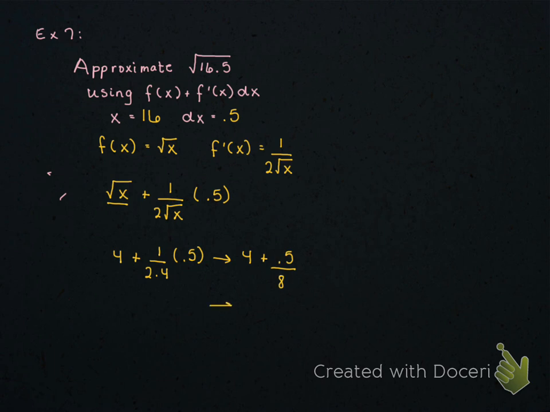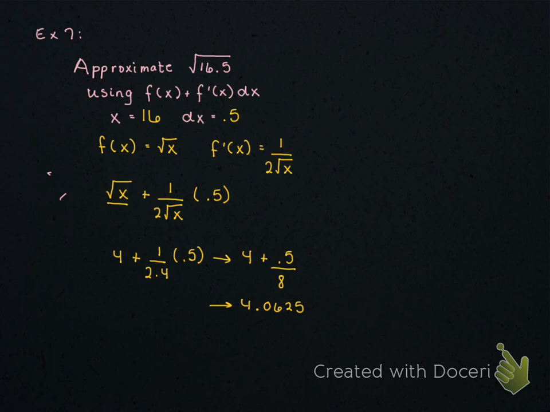And if you put that into your calculator, 4 plus 0.5 divided by 8 is equal to 4.0625.